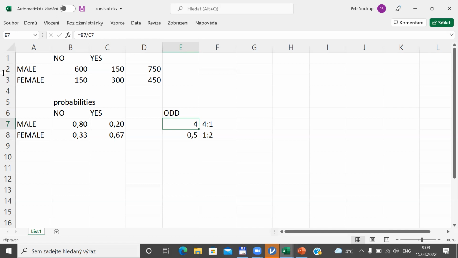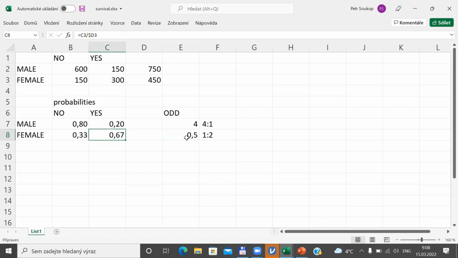We can see that for male, this is much bigger than 1. So it means that more males died during the Titanic disaster than survived. The opposite result, below 1, means there are more people in the second category.